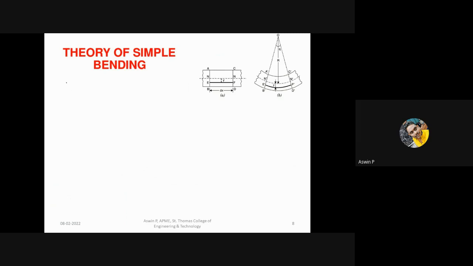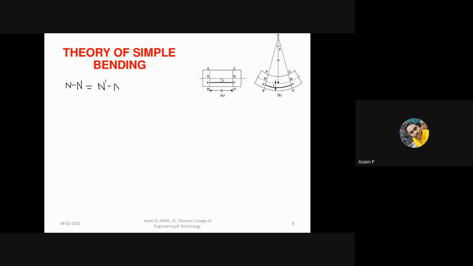The neutral axis n dash n dash will be the same after and before. You can see that there is no stress acting on the neutral axis. So if there is no stress acting on the neutral axis, definitely n n will be n dash n dash.